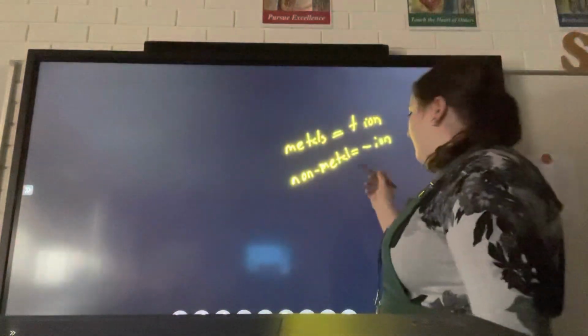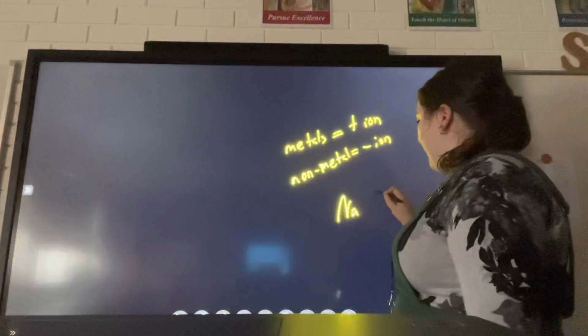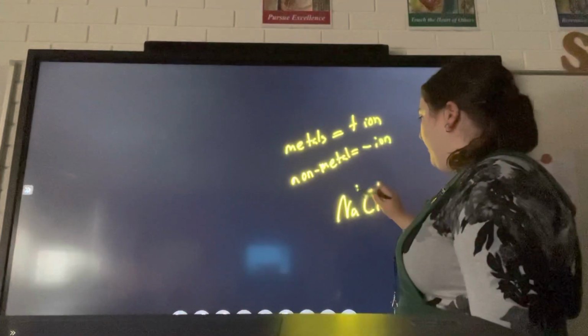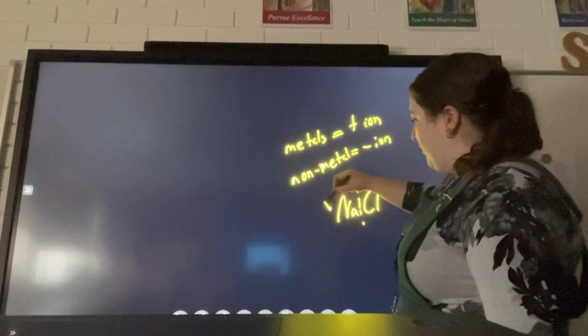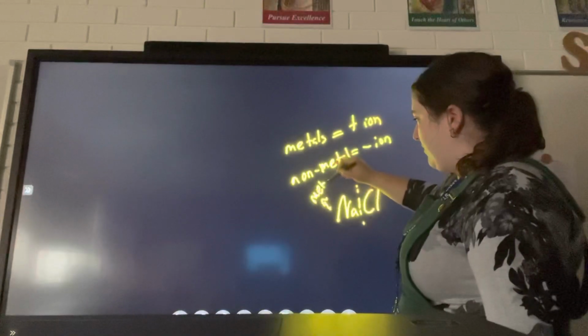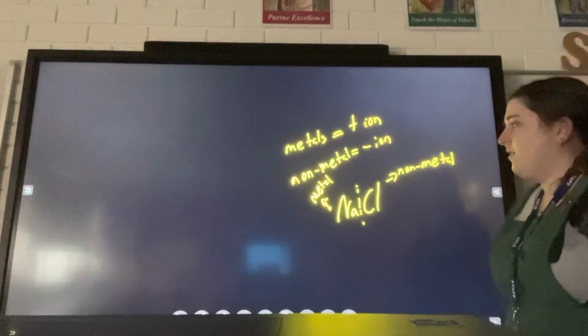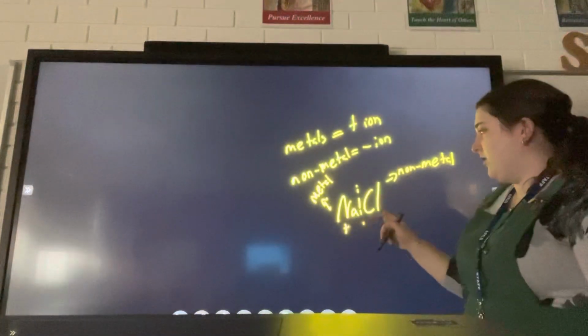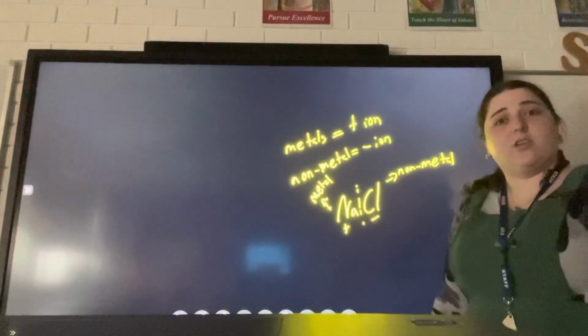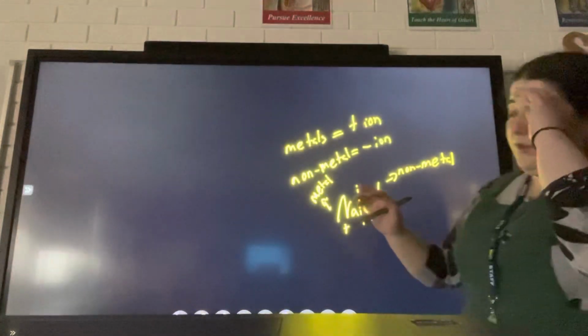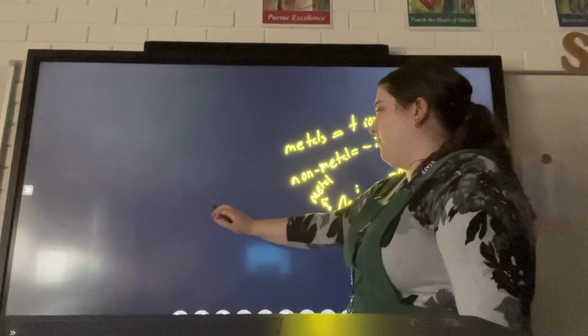So when you have ionic bonds like NaCl, which are formed between a metal and a non-metal, your metal is going to be positively charged, your non-metal is going to be negatively charged. Okay, looking at the periodic table, you should know that.